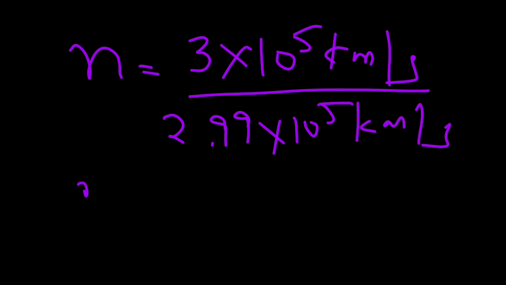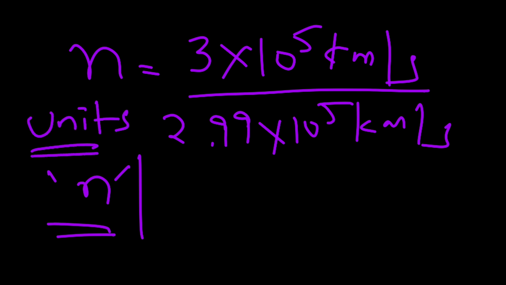If anyone asks you what the units of refractive index are: refractive index is the ratio of two similar quantities, and the same quantities have the same units, so both get cancelled. So refractive index has no units.